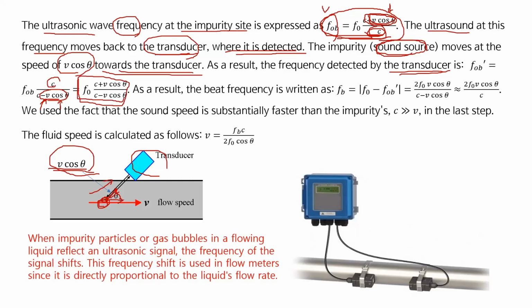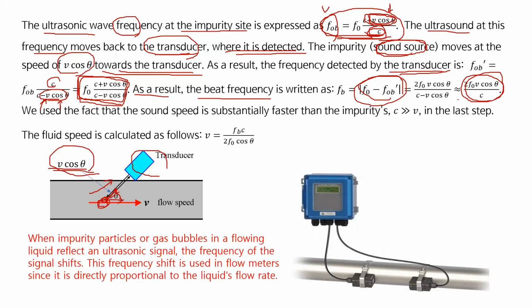So this frequency at the transducer is the frequency reflected from the impurities, right? As a result, the beat frequency is written as the difference between two frequencies, and we can have the final result.